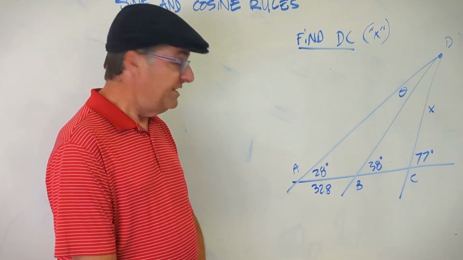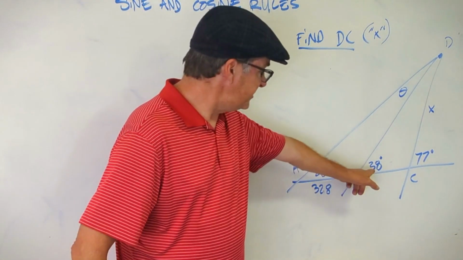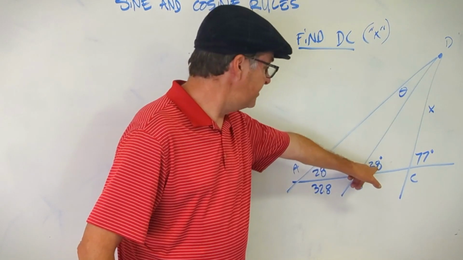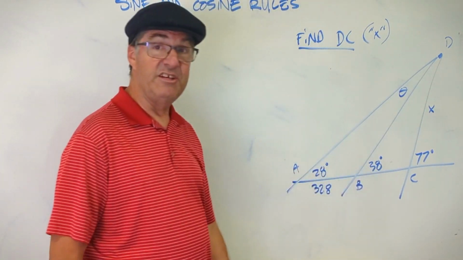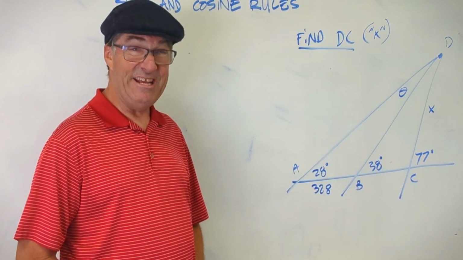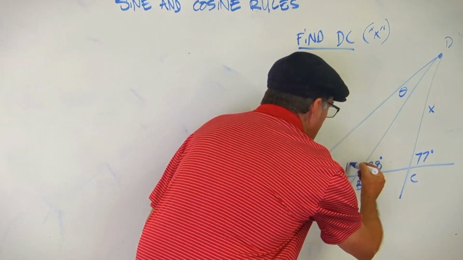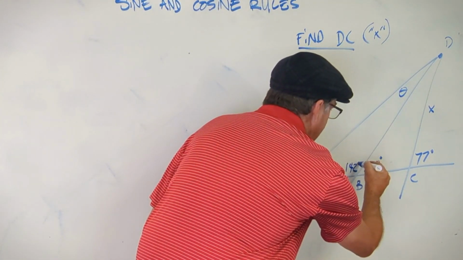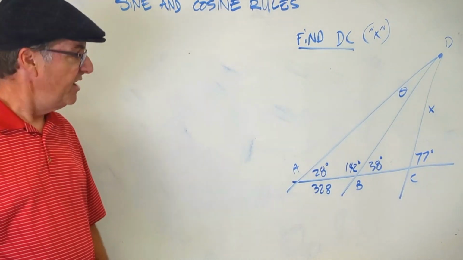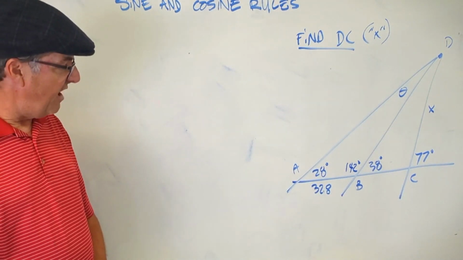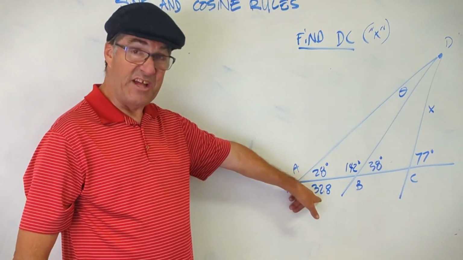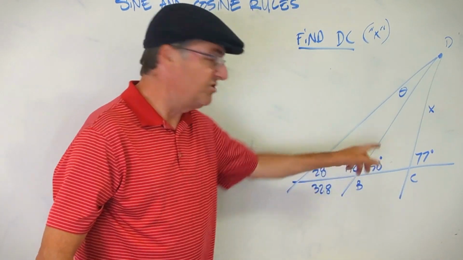Okay, so to get another angle, I can use this 38 over here, because this plus whatever that angle is has to make 180. So that means this angle here is 142. That has to be 142. And now I can figure out, now see, my side here, that's not opposite of either of those 2 angles.